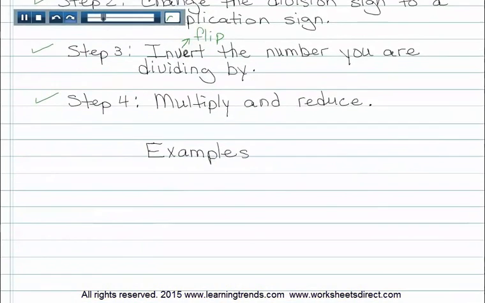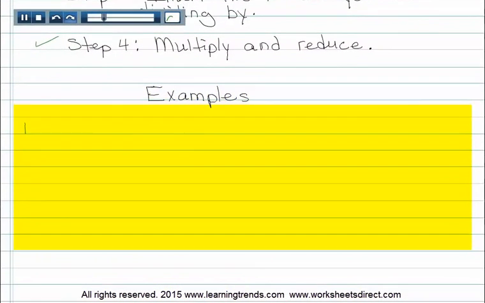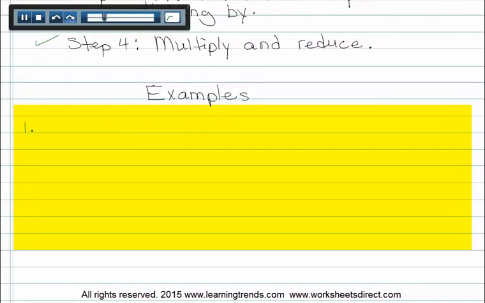So let's take a look at our first example, and hopefully these steps will make a little more sense to you. So our first division problem is going to be 1/4 divided by 1/3. And we're just going to follow the steps, and step 1 says that we should keep the first fraction, which is 1/4.